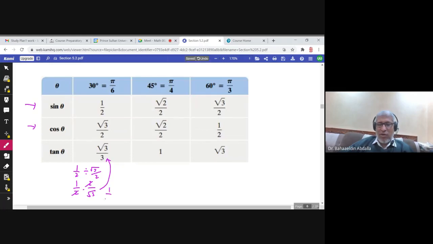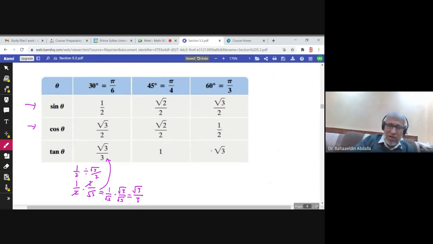When you rationalize the denominator, you get square root of 3 over 3. And if you divide these two, you get 1, and if you divide these two, you get square root of 3.